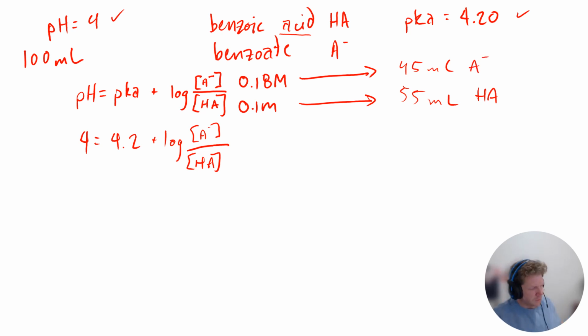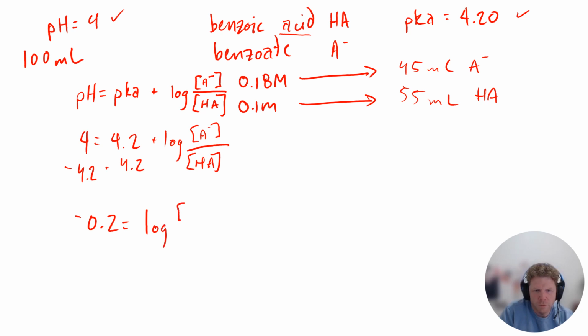Now, in order to answer that, what you need to do is rearrange this equation so that you have 4 minus 4.2. That gives us negative 0.2 equals log of the concentration of A over the concentration of HA.